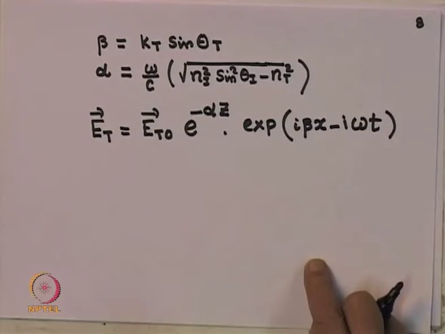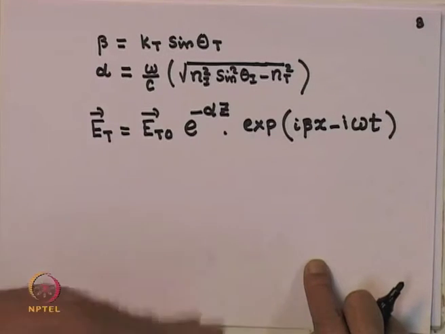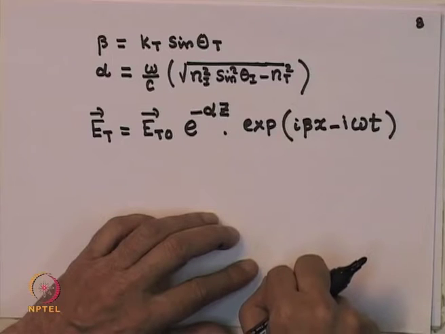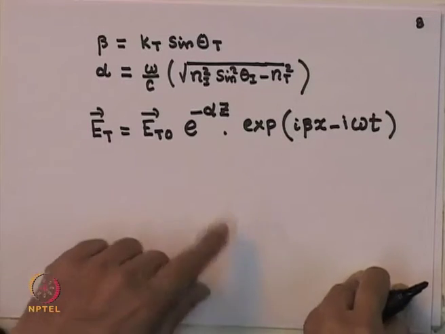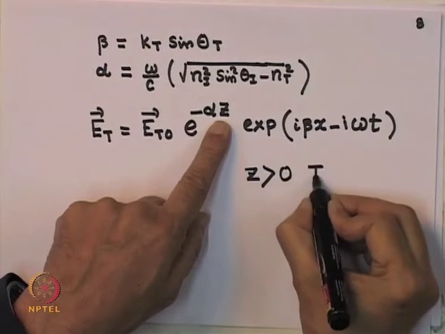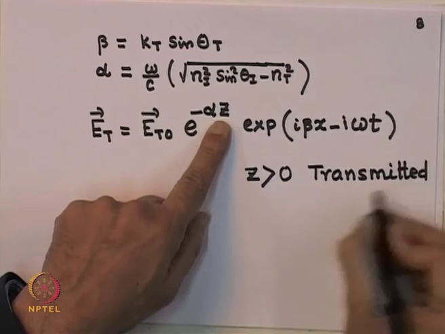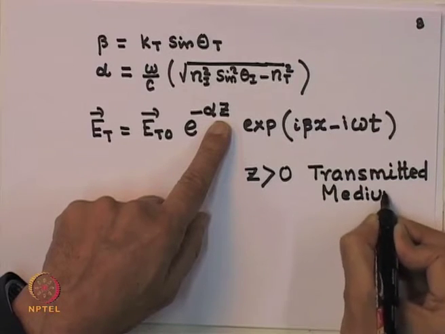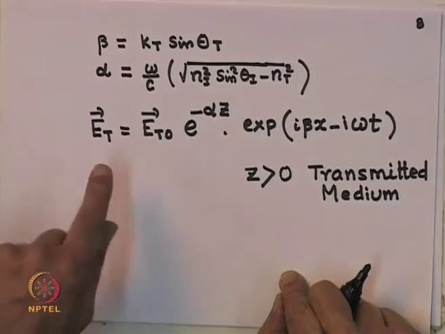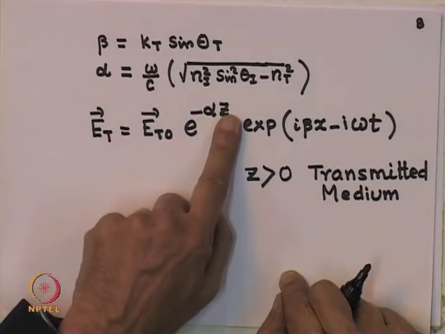Notice what the picture is. The z positive direction is in the second medium. Remember that my picture now is that my second medium has a refractive index lower than the first medium. So, z greater than 0 is the transmitted medium. As you go into the transmitted medium, the amplitude of the wave decreases exponentially with distance z.